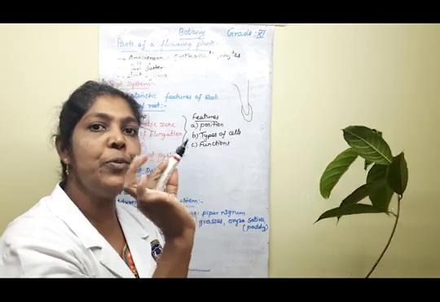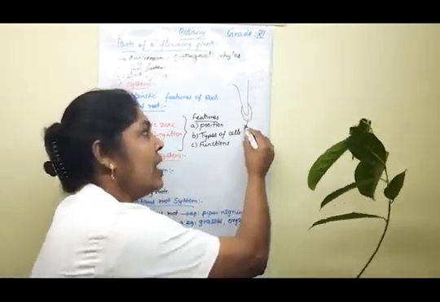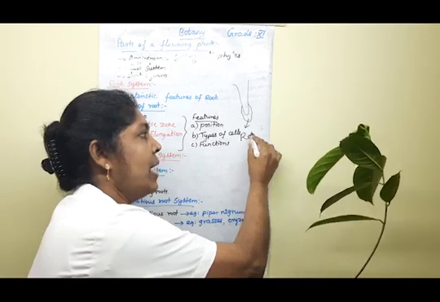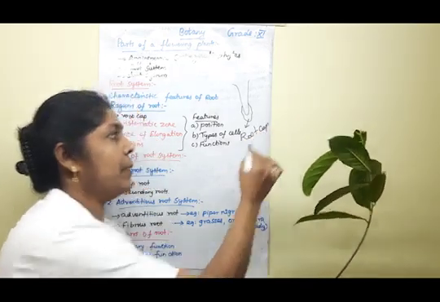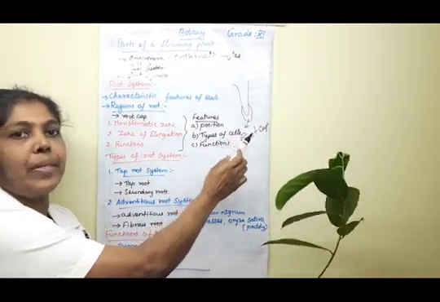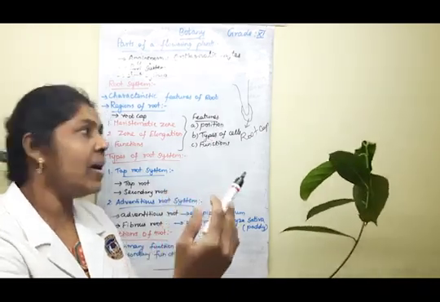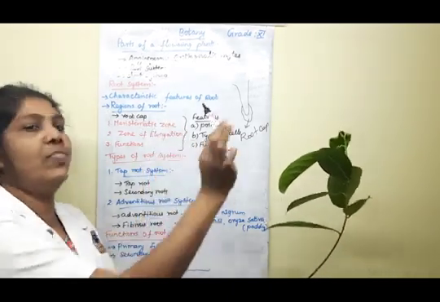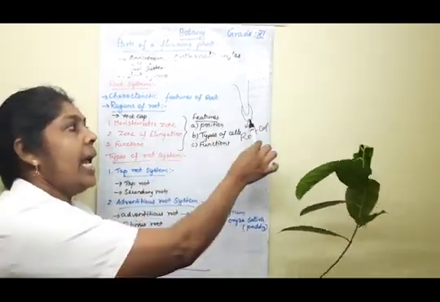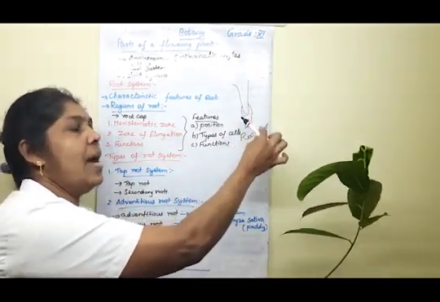This dome shape of parenchyma cells, children, is called the root cap. Clear, children? Then how are the regions of the root divided? Above this root cap.